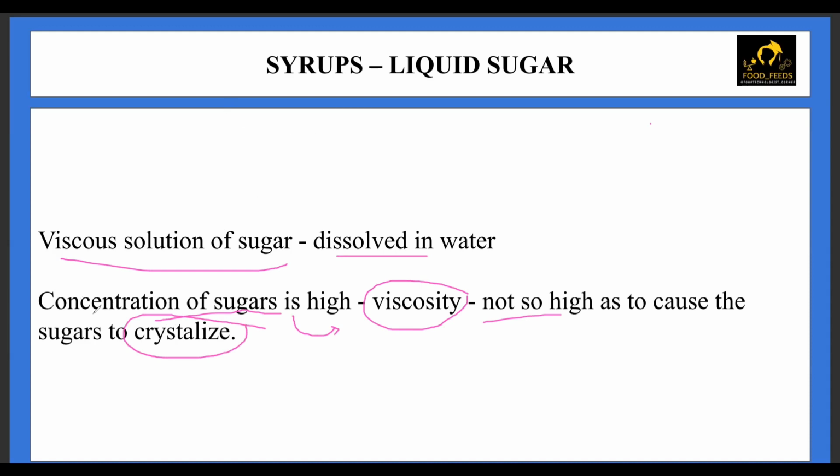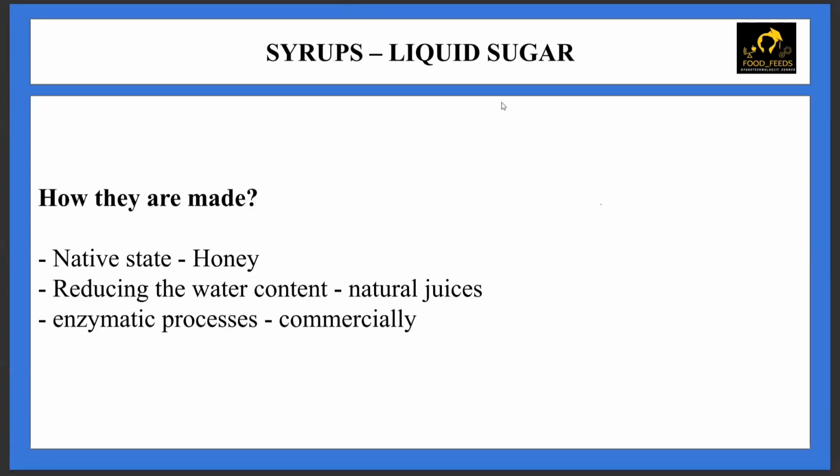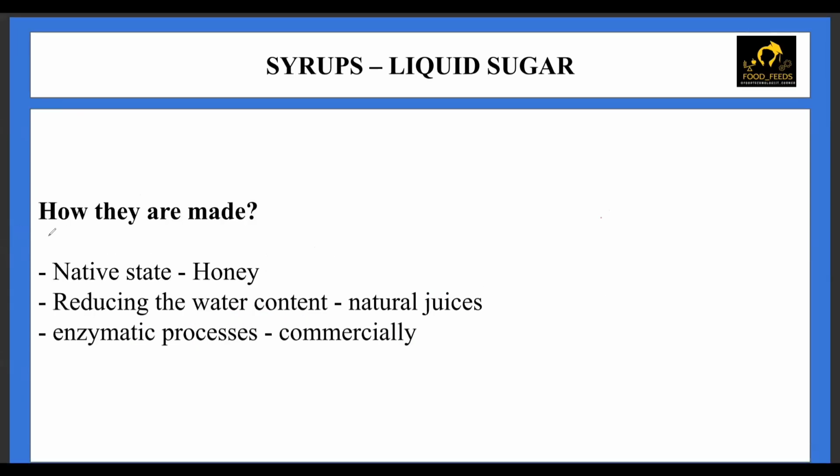To be a syrup, the concentration should be high enough, such as honey, where the viscosity is high but it is not in a state of crystallizing itself. So basically, how are these syrups made? One is the natural form, which is available in nature, like the native state of honey.